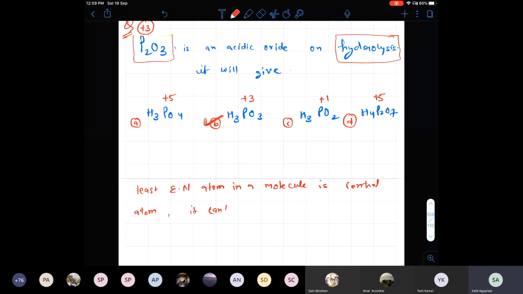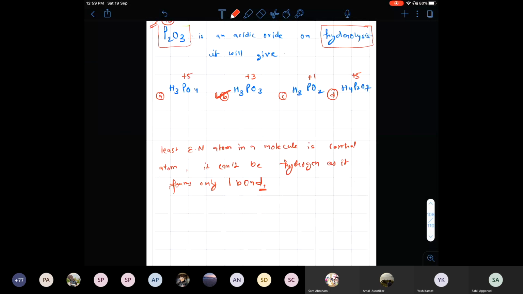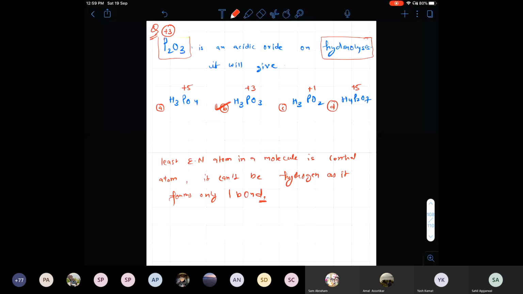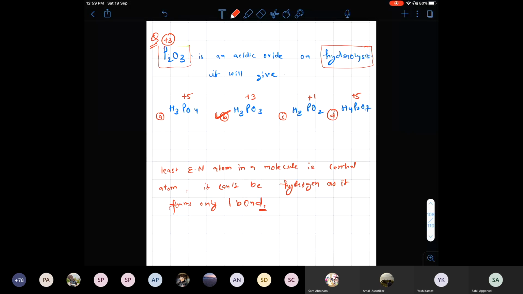It can't be hydrogen, as it forms only one bond. Amod, you have written it? Yes, sir.